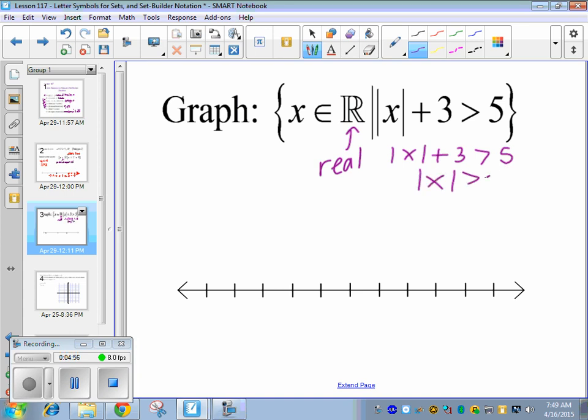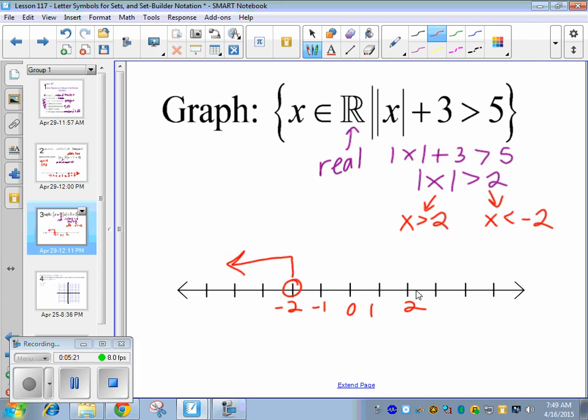So the absolute value of x is greater than 2. And then we have to show that it's two things. This means x is greater than 2, and it also means x is less than negative 2. And since our domain is real numbers, we have 0, 1, 2, negative 1, negative 2, open circle on negative 2, shade left, open circle on positive 2, shade right.